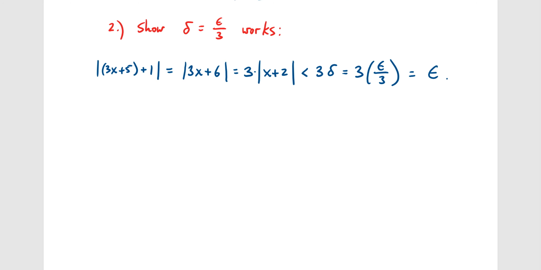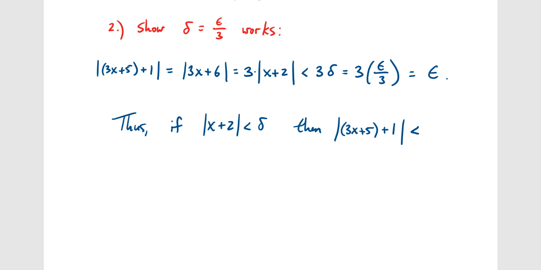Now we have to do a little concluding statement. And we say, thus, if the absolute value of x plus 2 is less than delta, then we know that the absolute value of 3x plus 5 plus 1 is less than epsilon.